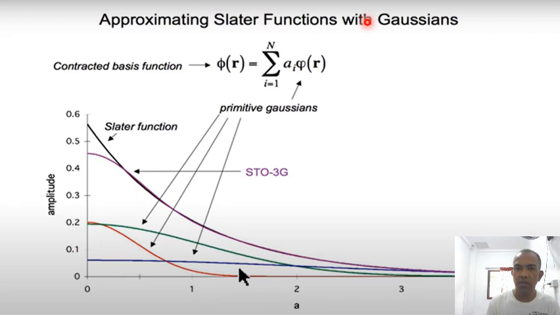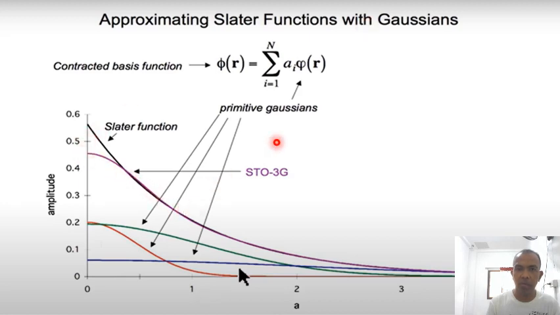And this green curve has a somewhat bigger value of alpha in the Gaussian, so it decays more rapidly. Finally, there's a red curve here that dies off relatively quickly, so it has the biggest exponent alpha. And if I add together the red, the green, and the blue curves, I'll get the purple curve here.